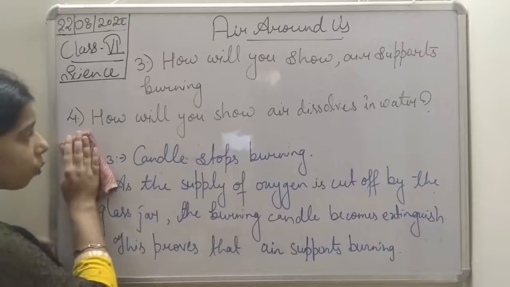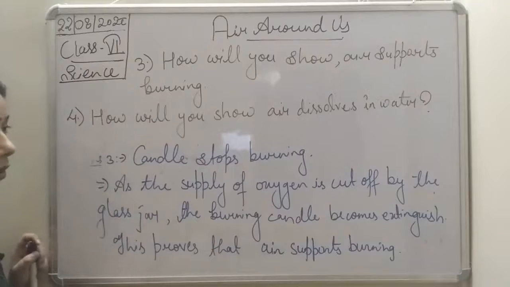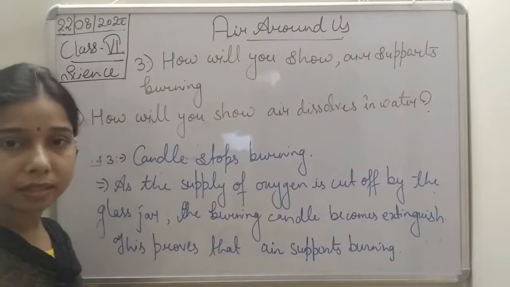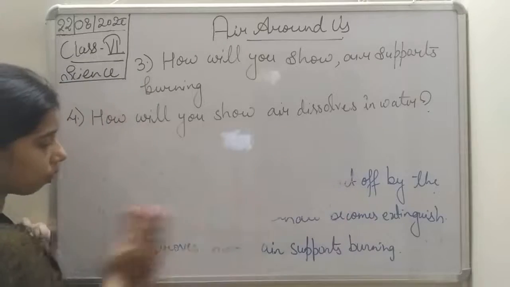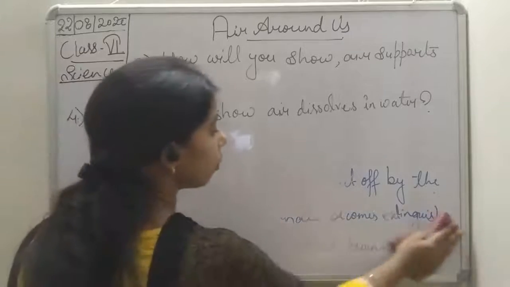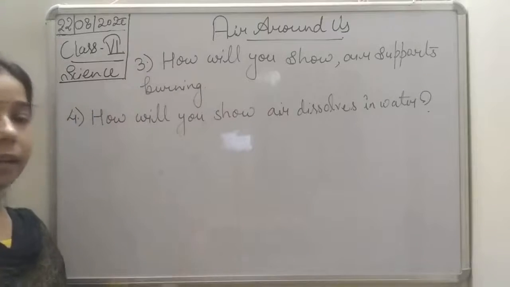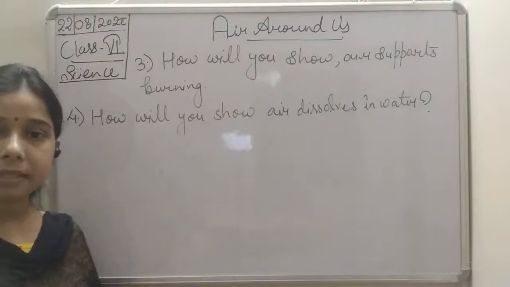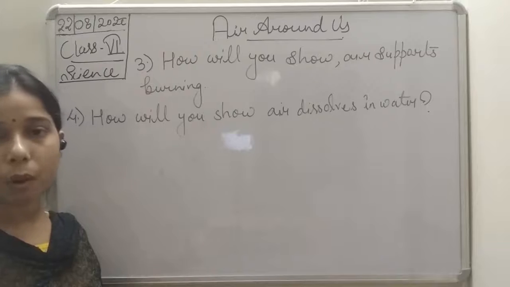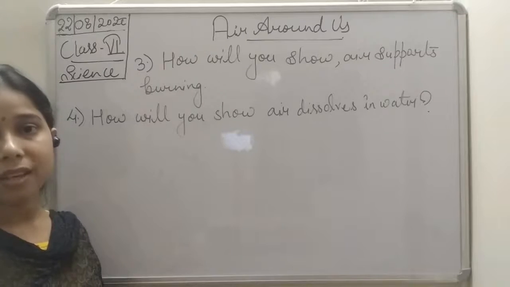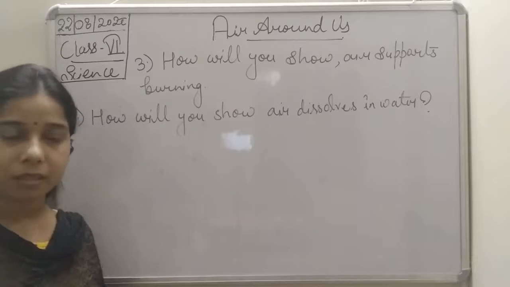Now if you see the next question, students, the question is: how will you show that air dissolves in water? This activity we discussed yesterday only, students, that air is dissolved in the water. Why is there a need for this activity? It came from the topic when we were discussing that oxygen is dissolved in the water, and this dissolved oxygen is used by the aquatic plants and animals.